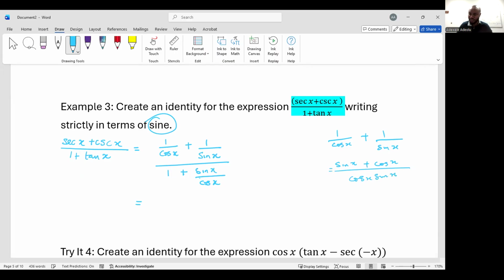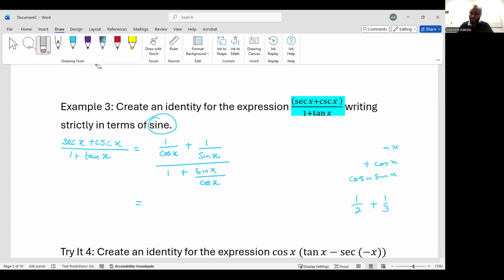Now what I did, you look for the common denominator, which is cosine of x, sine of x, then you do such fractions whichever way you know how to. What I just did here is the same as solving something like this. Nothing fancy at all. Okay.